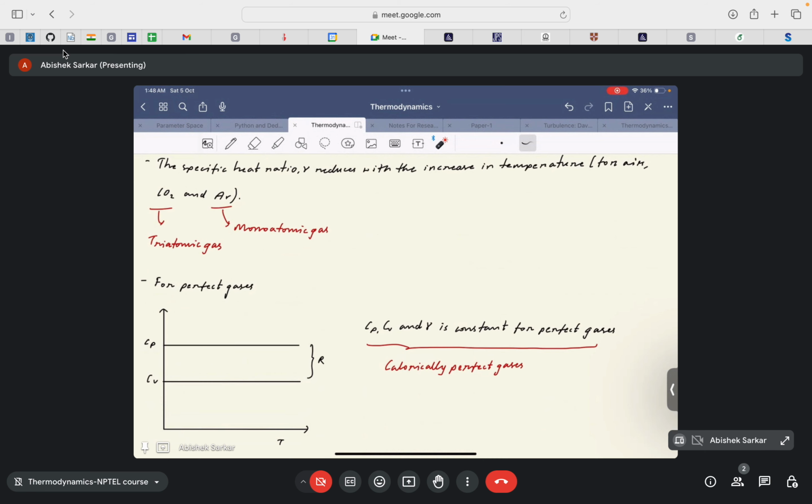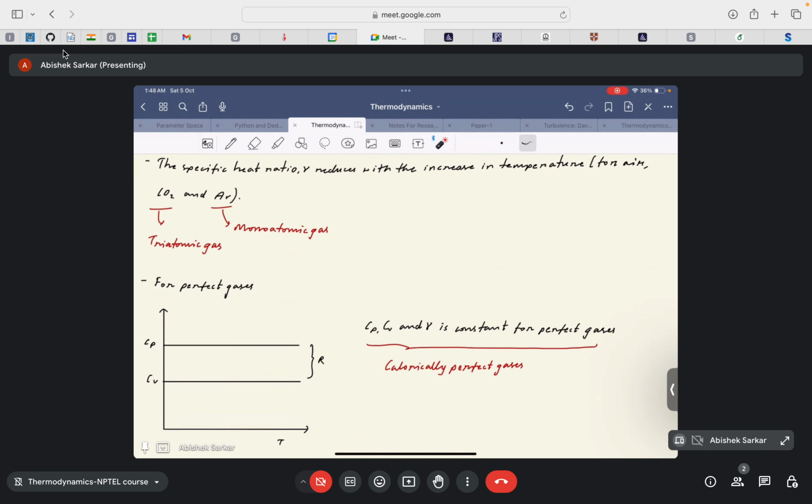Since the primary components of air are nitrogen and oxygen, we are considering air to be primarily a mixture of nitrogen and oxygen. In these cases, air can be considered a bicomponent mixture, meaning a mixture of two different types of gases.